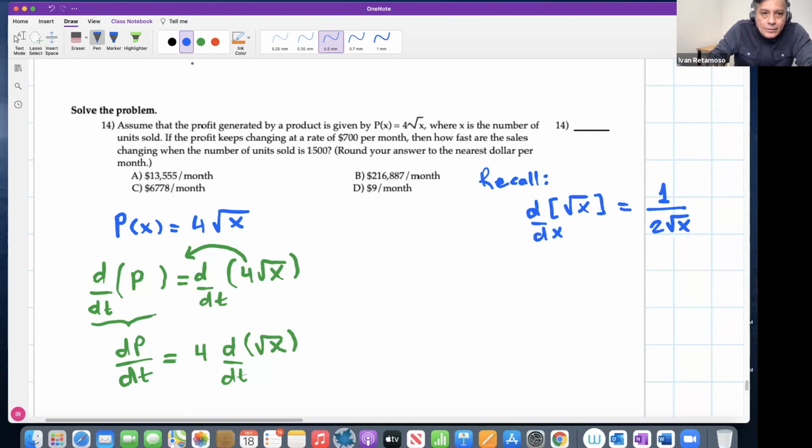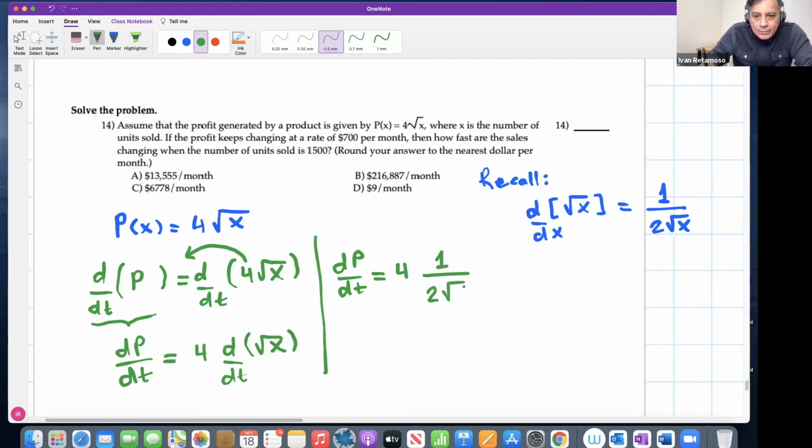So over here, dP/dt, the derivative of the profit function with respect to time, will be equal to 4 times what? Following this, the derivative should be 1 over 2 times the square root of x. That's the derivative that comes to mind using this. But since we are taking the derivative with respect to time, we have to attach dx/dt.